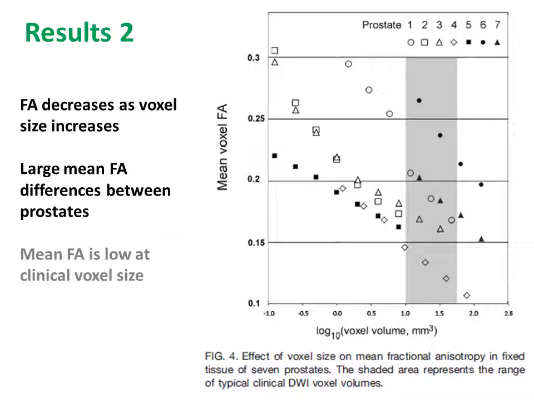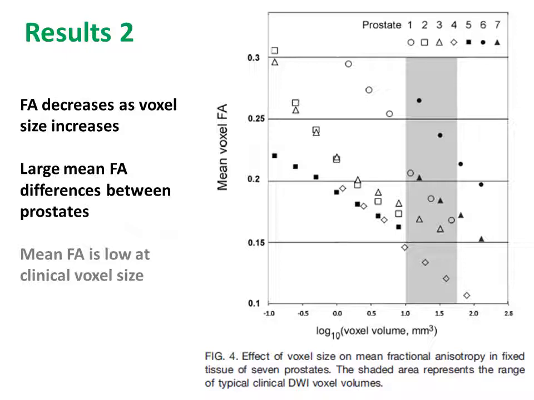The interesting thing to note here is that in all 7 prostates, the mean FA decreases more or less linearly as the log of the voxel volume increases.